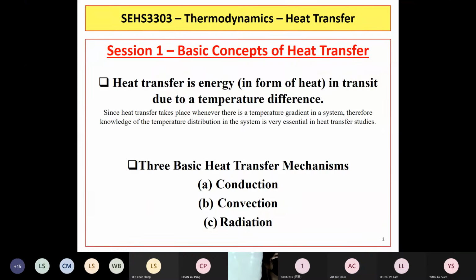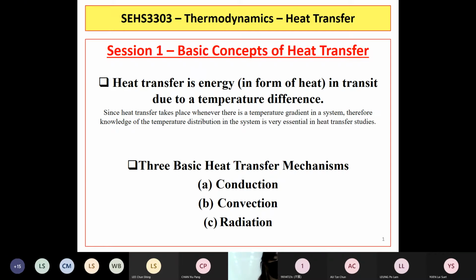So now we are in the chapter heat transfer. In this chapter, we will learn some knowledge to answer the above questions. Heat transfer is energy in transition due to a temperature difference.